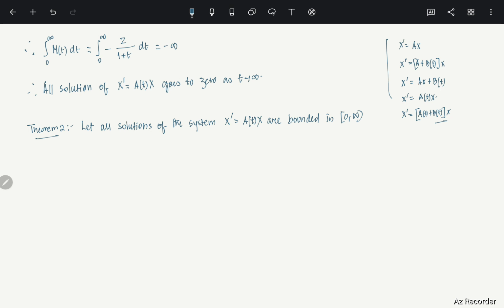Now let all solutions be bounded in 0 to infinity, and this is the condition which I am assuming: the integral up to infinity of the norm of B(t) dt is finite.